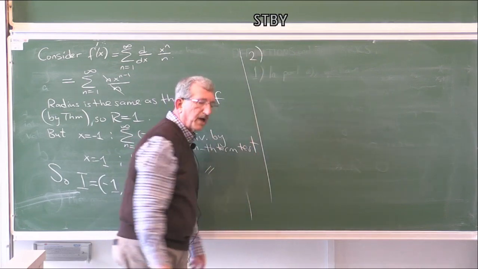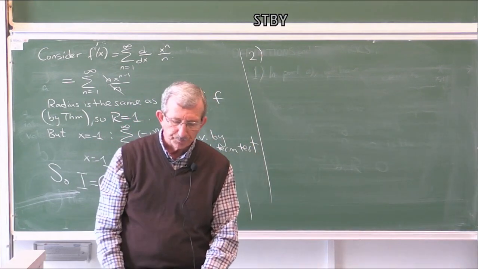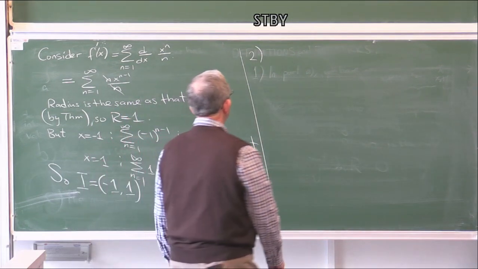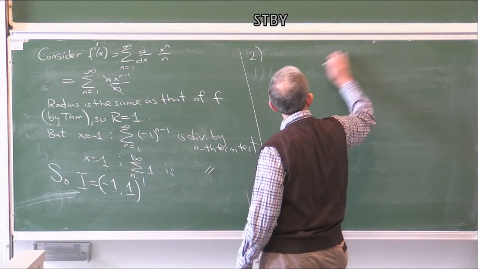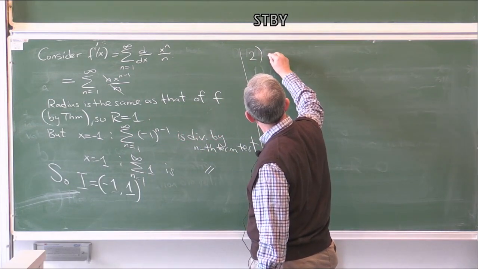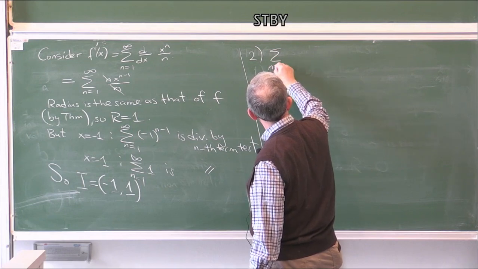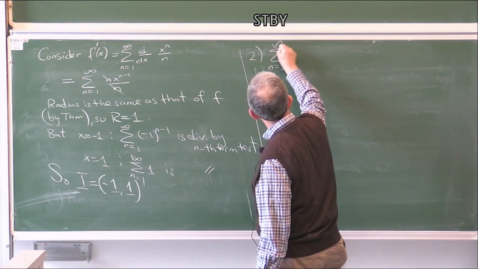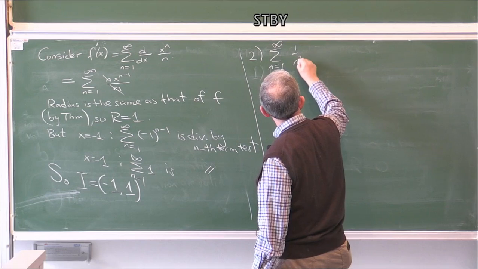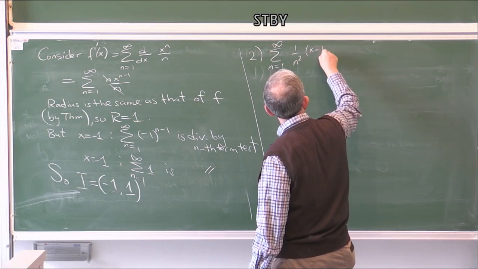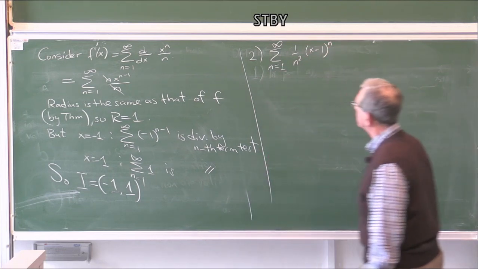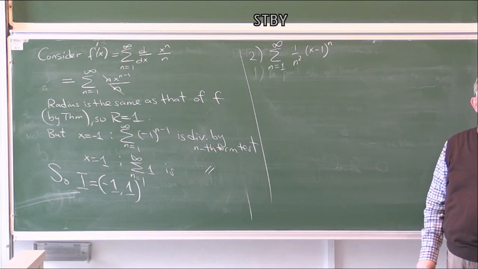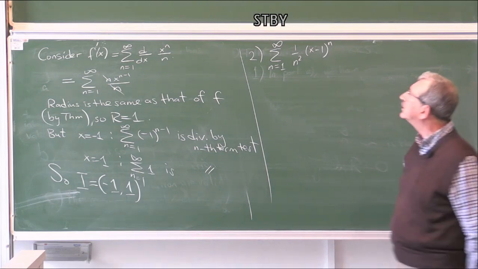Let us consider now a second example. Say we have the series sum from n equals 1 to infinity of 1 over n squared, x minus 1 to the n. Now, this is a nice power series.